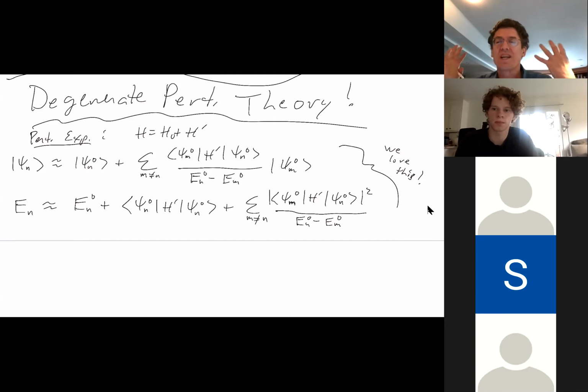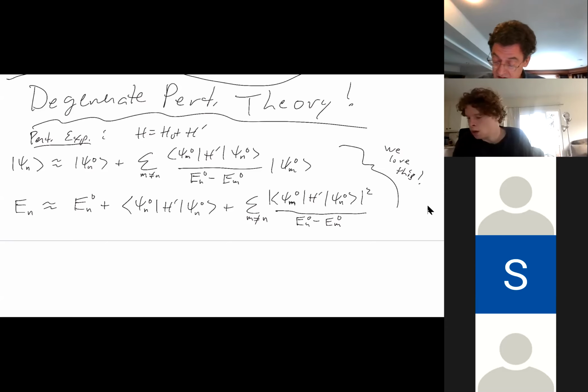So physicists love these formulas. We want to use them whenever we can, and they give us lots of intuition. I've told you some of the intuition already. We just really like these formulas a whole heck of a lot.